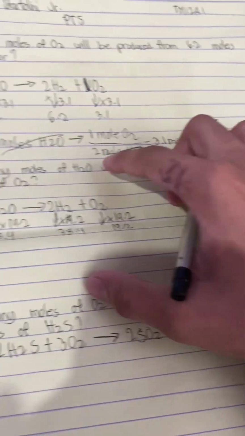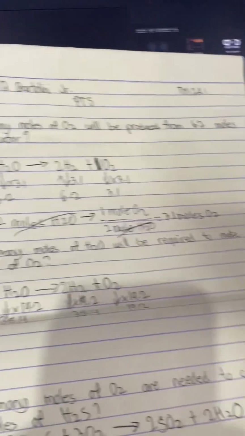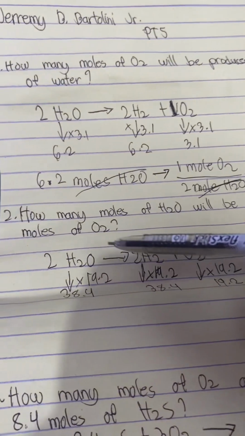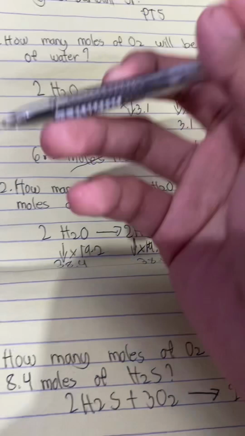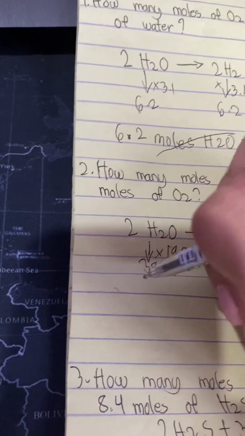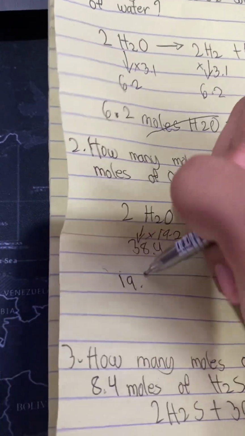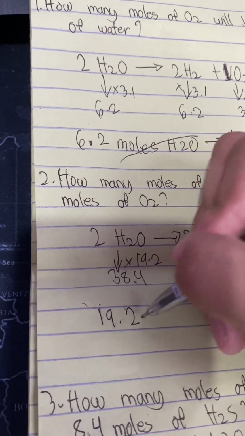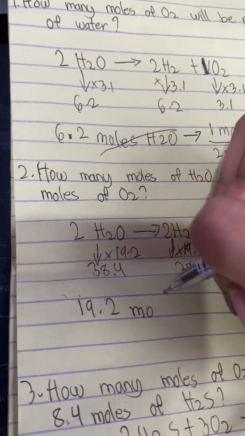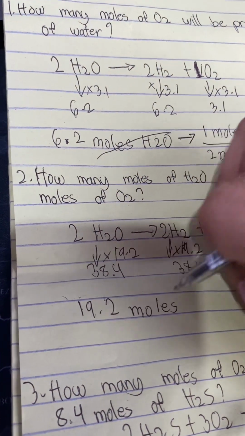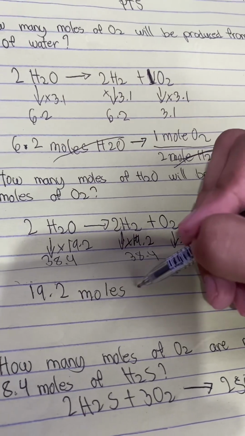And the next is, same as in example number 1, we're going to put the 19.2 moles of oxygen here, 19.2 moles O2.